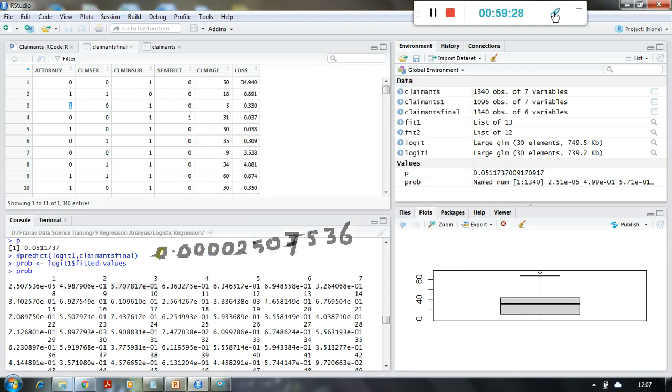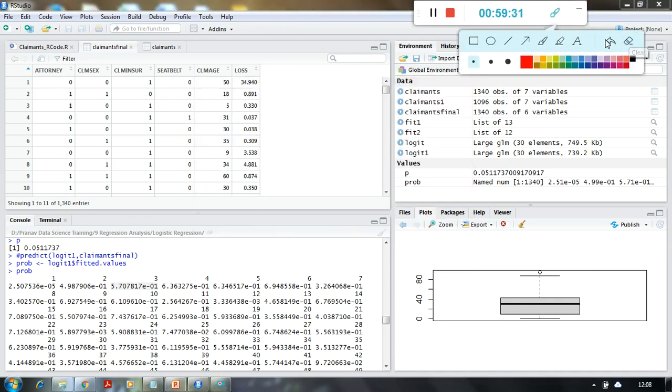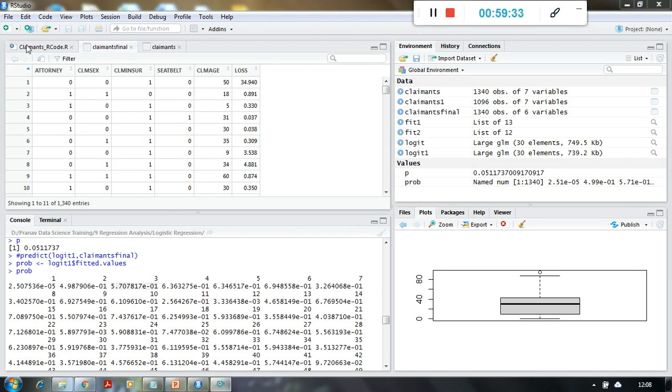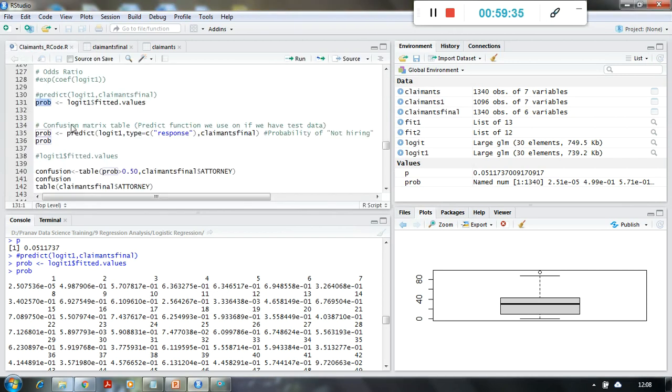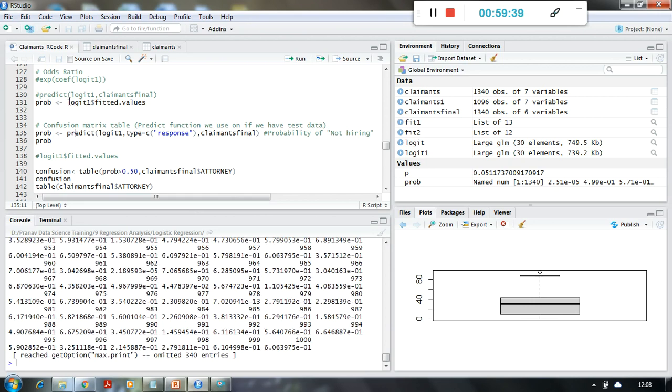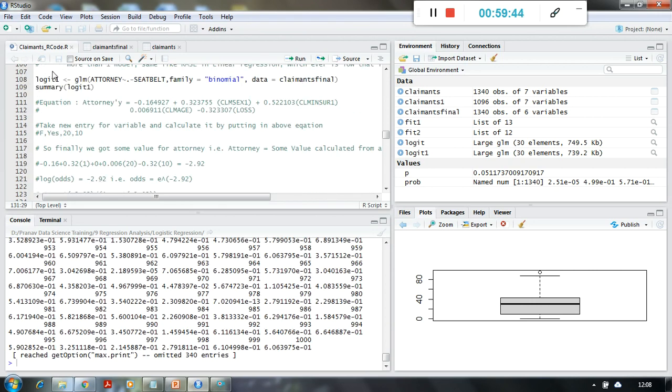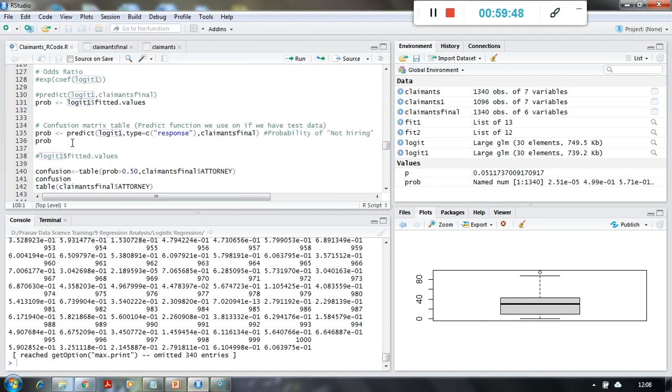How to check that? Let us see how to check that now. I can get these probabilities directly with Logit1 dollar fitted values. Logit1 is nothing but our model name, right?